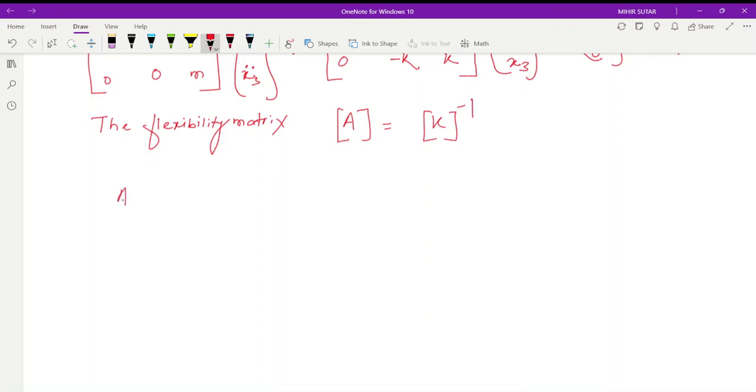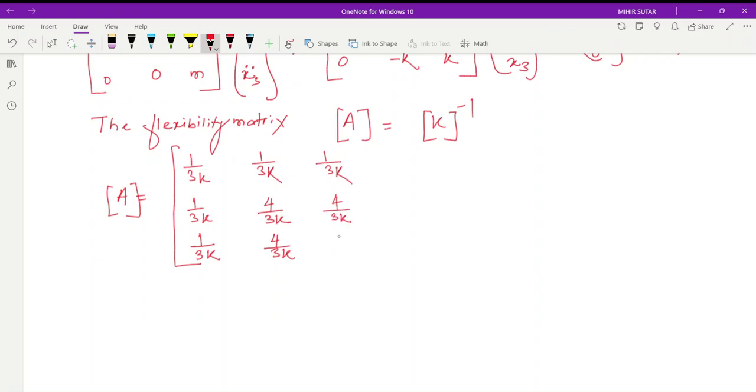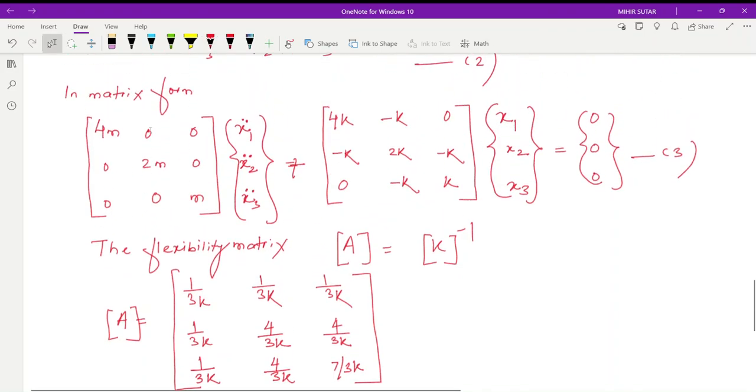So our flexibility matrix A will be: 1 by 3k, 1 by 3k, 1 by 3k, then 4 by 3k, 4 by 3k, 4 by 3k and 7 by 3k. Okay, let's say this is equation 4.